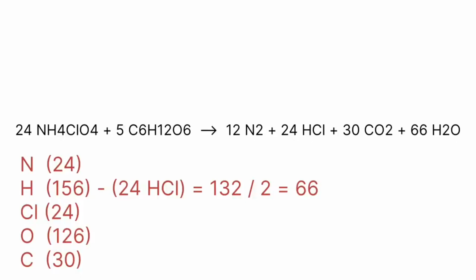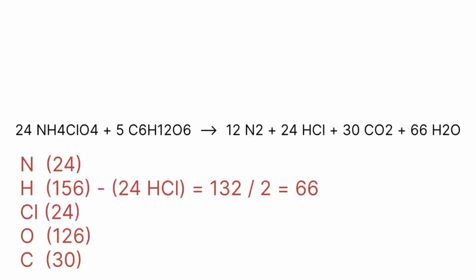Now we go into the remainder, which is going to be oxygen, right? The total number of oxygen that we had, if you'll recall, was 126 oxygen. We already figured out other products that will have oxygen, so we figured out CO2. So we can take 126 total oxygens, and we can remove how many oxygens were in the total number of CO2. We had 30 CO2 that we already figured out from an earlier product for carbon, right?